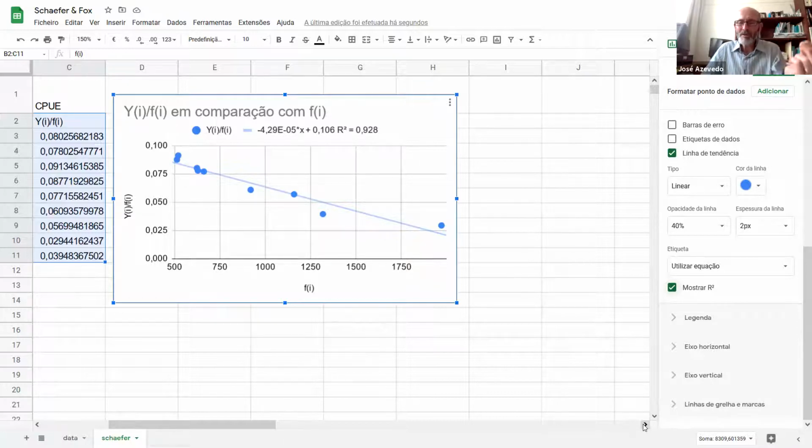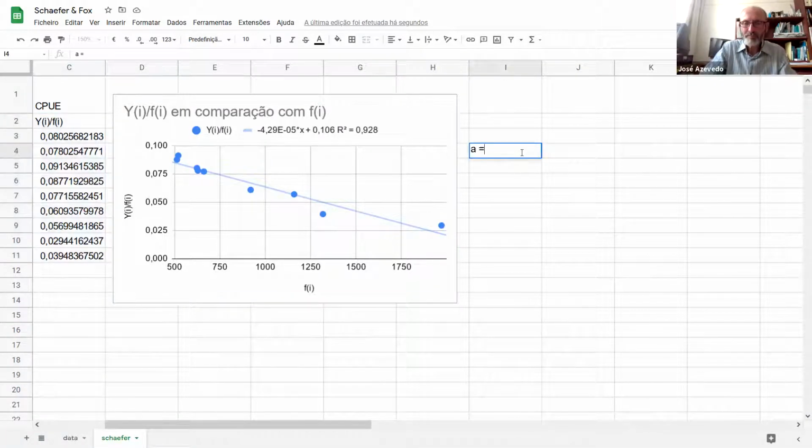And you have the parameters A and B. So the parameter A is this value here, 0.106. I'm going to put 0.106 here.